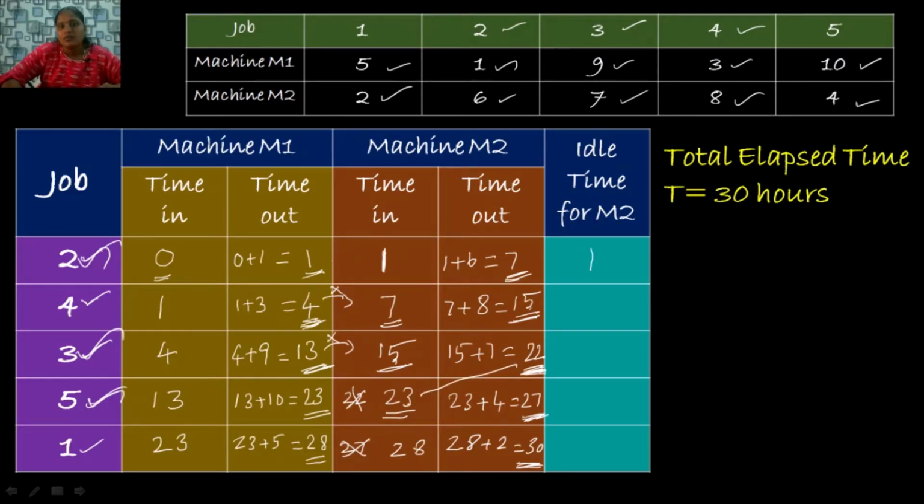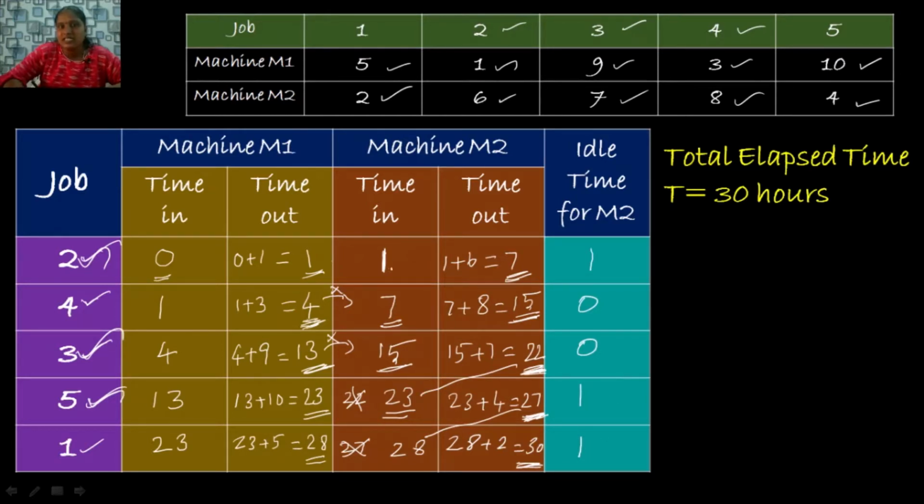So there is a gap here. From 22 to 23 it has to wait for 1 hour. Next, it completes its processing at 27 hours but doesn't have any job to process, so it has to wait for 1 hour. So here the idle time is 1 hour.